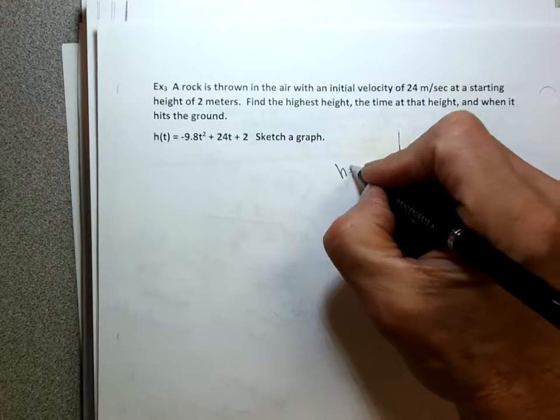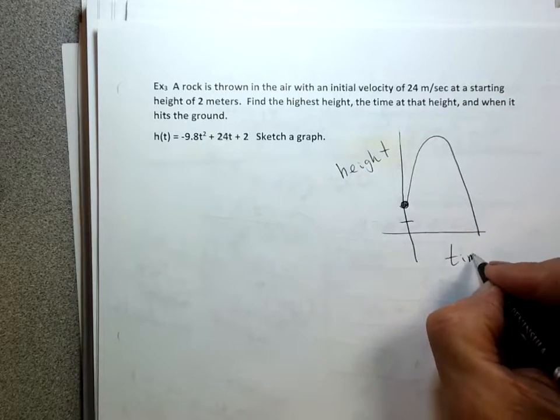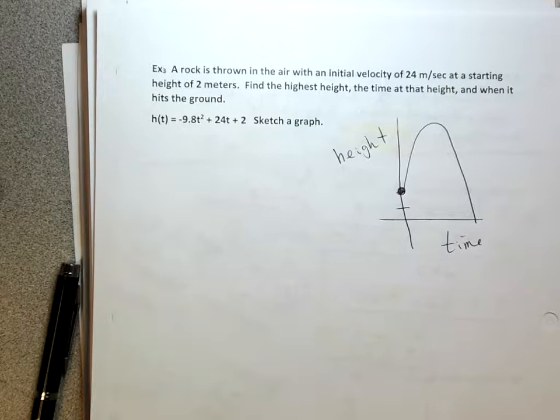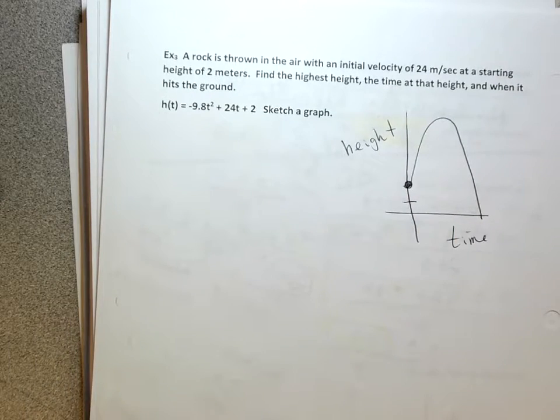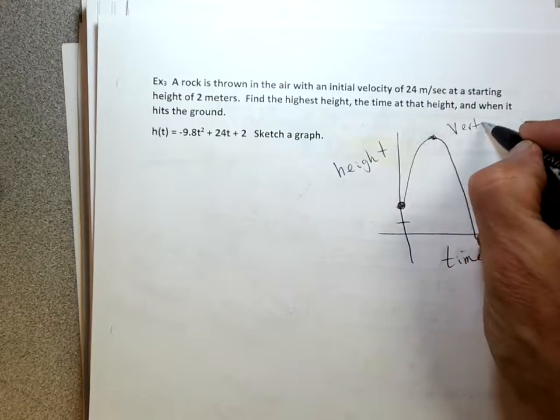Height, time. Okay? Height and time. So you throw it in the air, you count 1001, 1002, plop, it hits the ground, right? So time is moving as it goes up and down, correct? So, if we want to find the highest height, that would be right there, which would be the vertex.